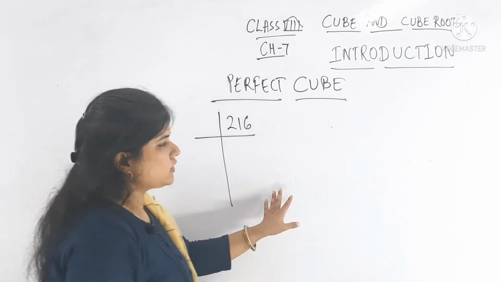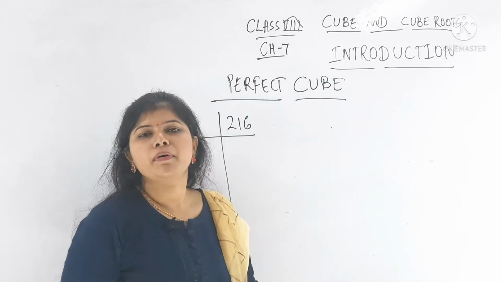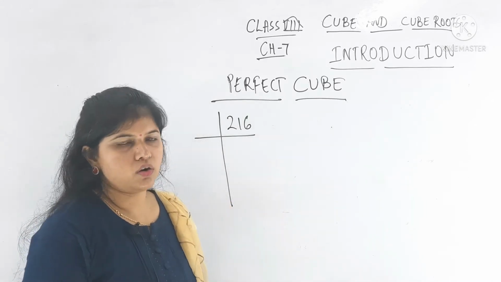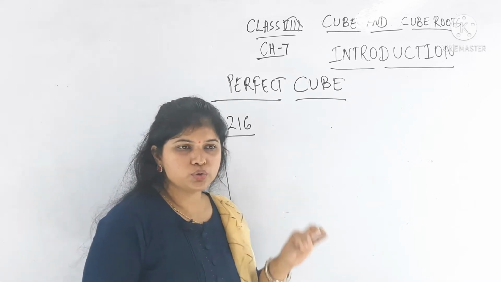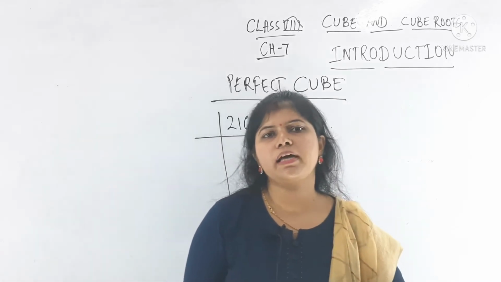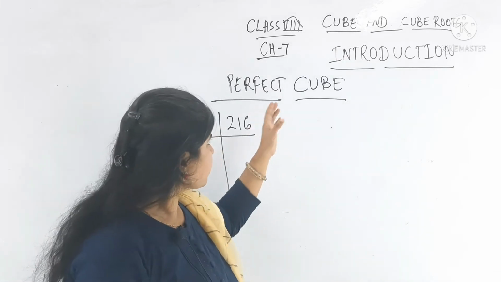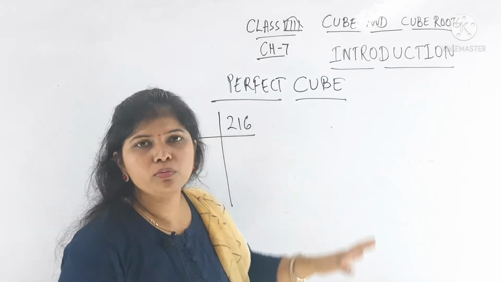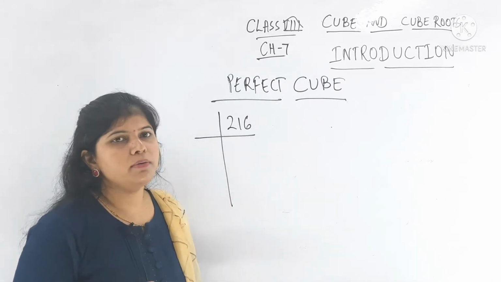Here no long division method is used in the cube for getting the perfect cube or the factors. For the square, in the chapter of the square we had seen the long division method and prime factorization method, but in the cubes and cube roots chapter we should have only the prime factorization method.